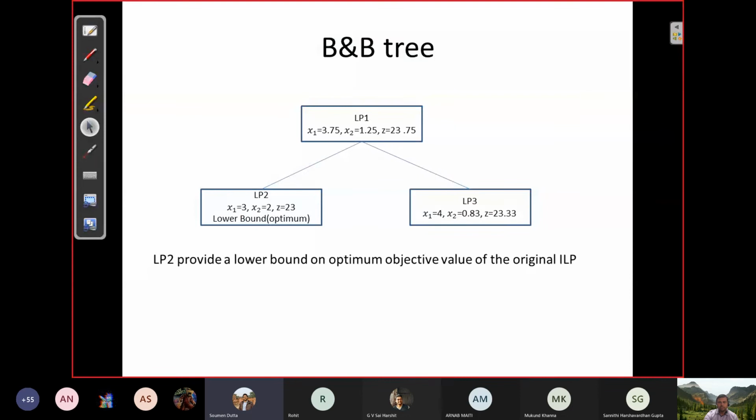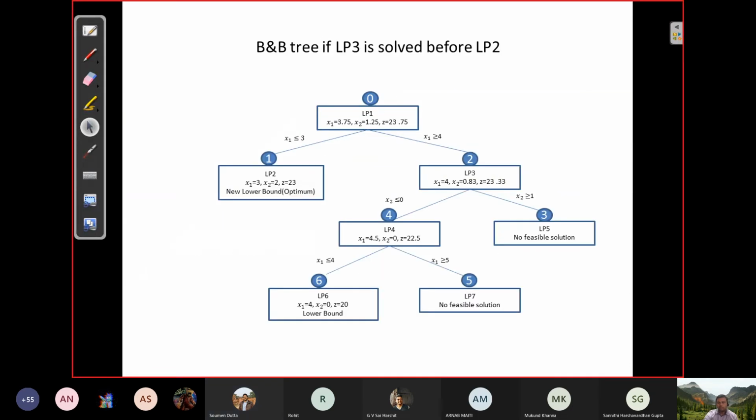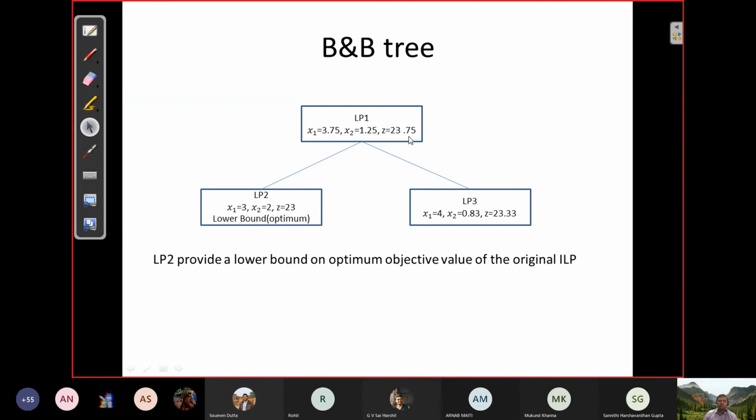It doesn't change. It doesn't change because only at LP1 do you get an upper bound, because in LP1 you are considering all the original constraints and the original objective. So this 23.75 is the upper bound that you get. But in the other subproblems, you are either dropping some constraints or adding some new constraints, for example x1 greater than or equal to something.